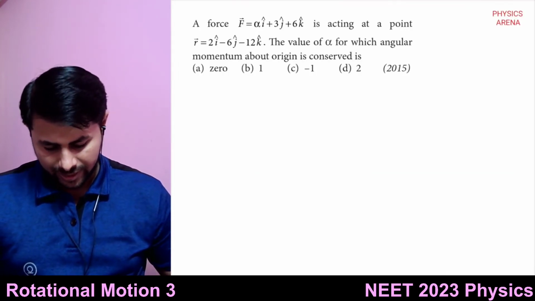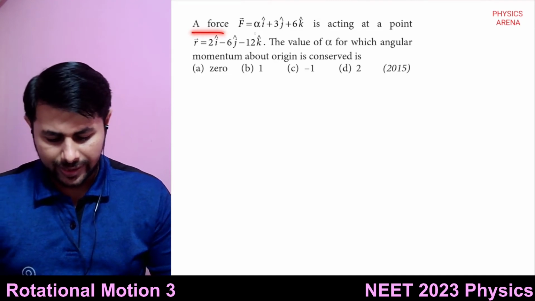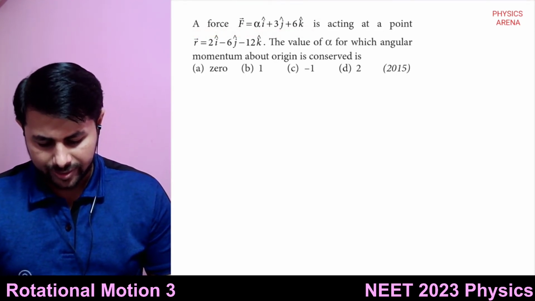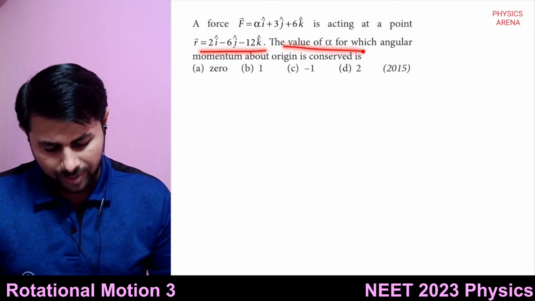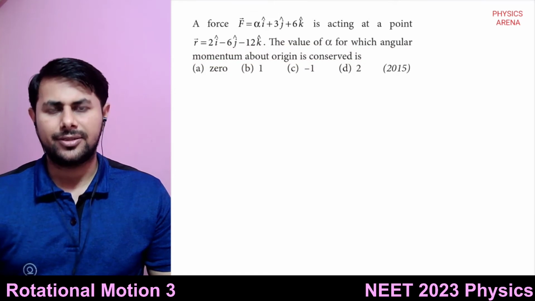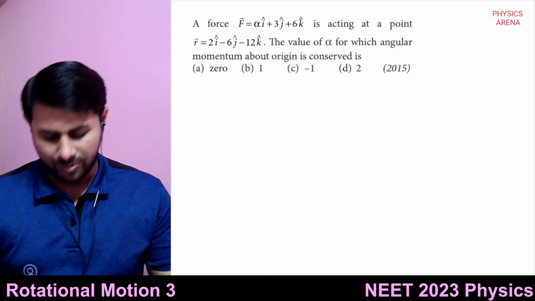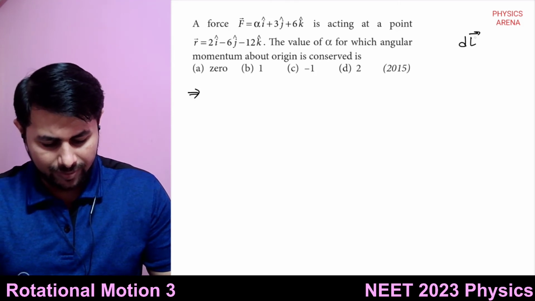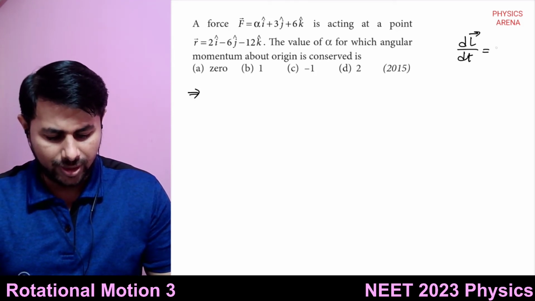Then there is another question. Force F bar is acting at a point. The value of alpha for which angular momentum about the origin is conserved is? So when is the angular momentum conserved? The rate of change of angular momentum is equal to torque.